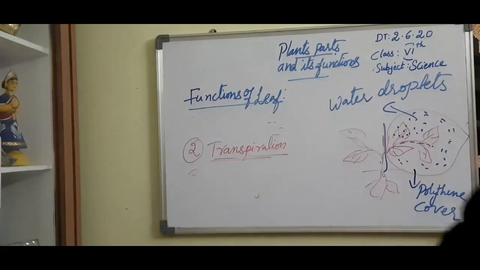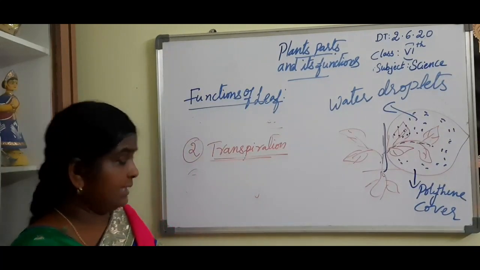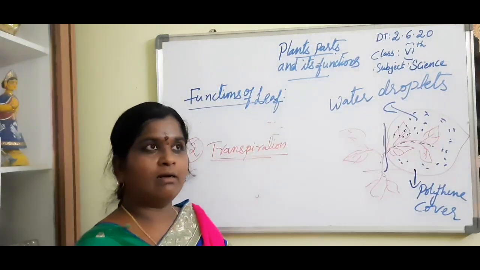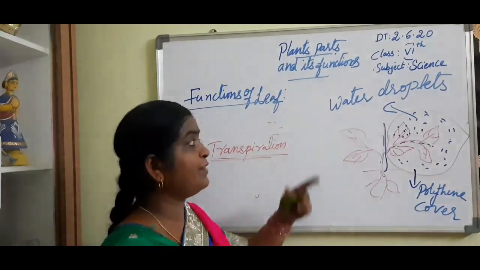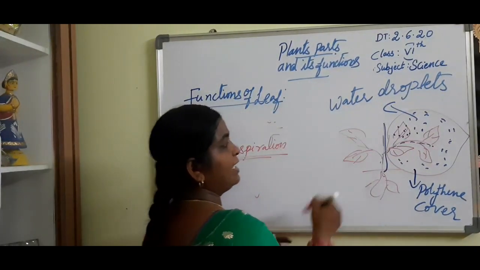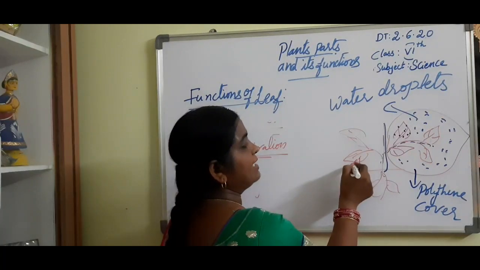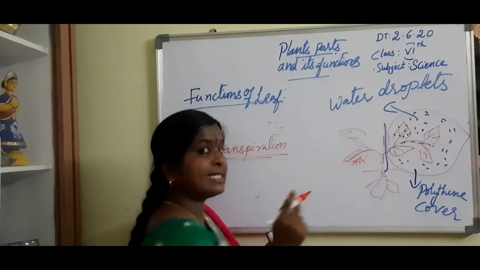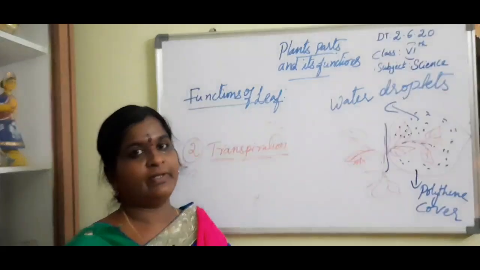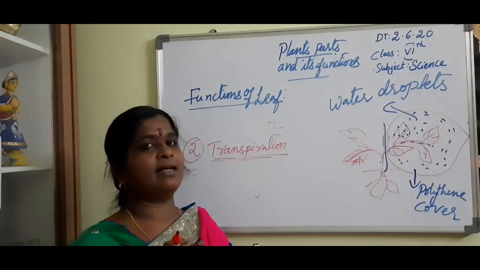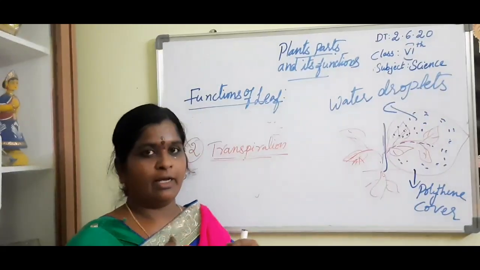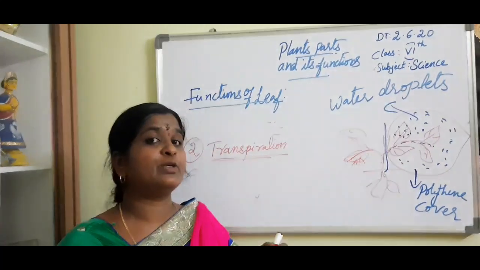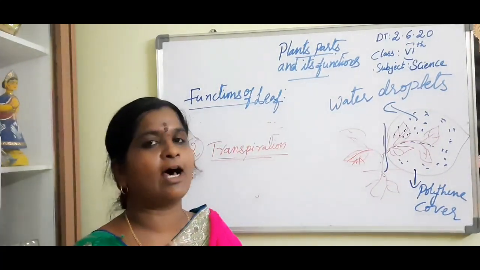Okay. So this is about transpiration. See, children, one thing when we are discussing the leaf: the lamina, midrib, veins, all these act just like a skeleton to the leaf. They protect the leaf. For example, in our human body, we have a skeleton inside. It gives protection to the internal organs like the lungs and heart.